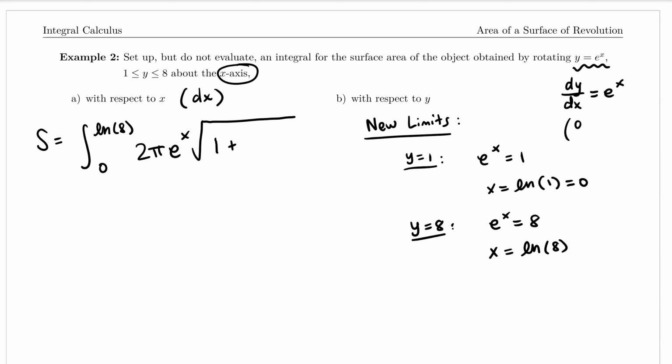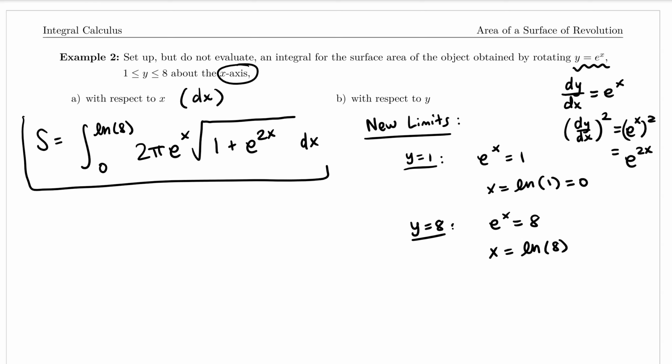If I square that, then I get e to the x quantity squared, which is equivalent to e to the 2x, because I multiply the exponents there. And then we have dx. And that is the final answer for part A.